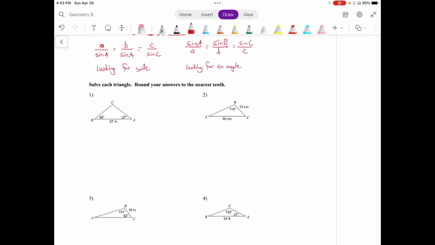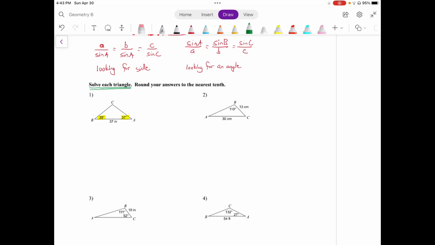In this first problem, notice that we are given two angles and the included side. Two angles and then the included side. That's in the form of angle, angle, side, so we can use the law of sines. This says solve each triangle, so we're going to find all three missing parts.